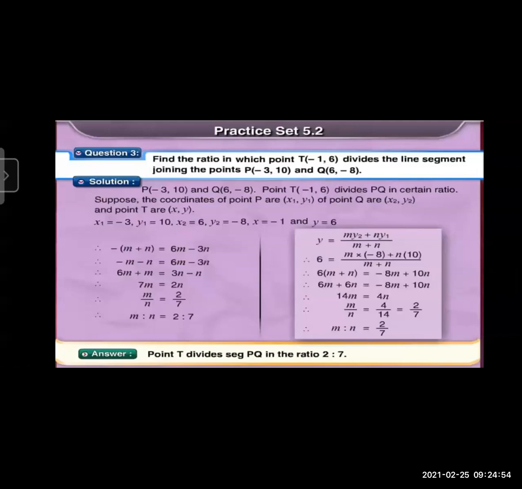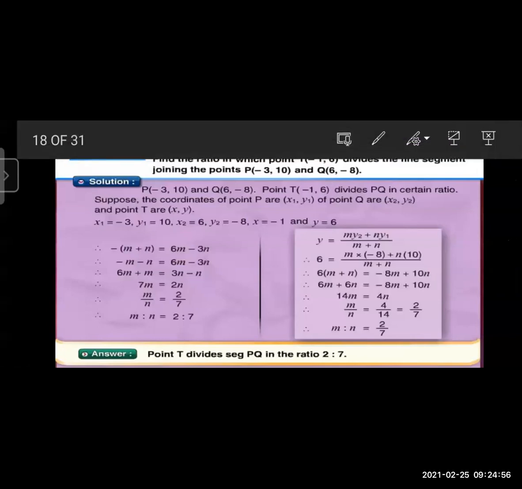That means from point P we get x1, y1, and from point Q we get x2, y2. And we consider T. Let the coordinates of point T be (x, y). From this we get x is equal to -1 and y is equal to 6.